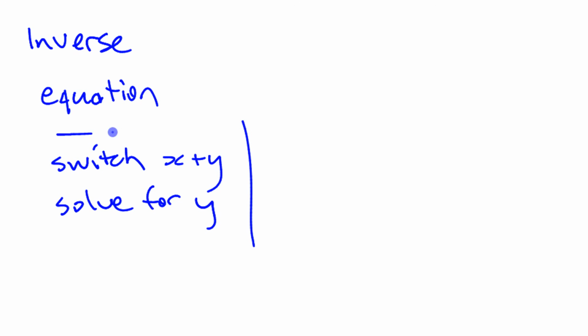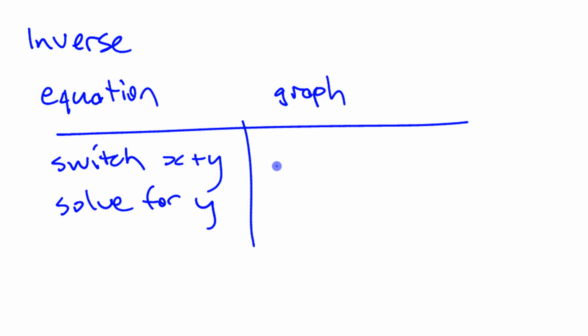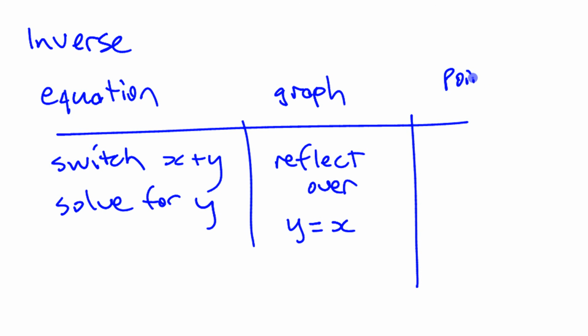We have the inverse from a graph: you reflect over the line y equals x. And from points or a table, right, coordinates, reverse the coordinates, right? Switch x and y, same thing.